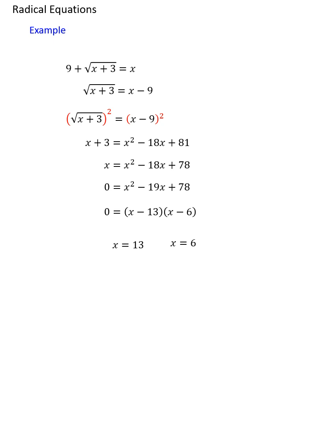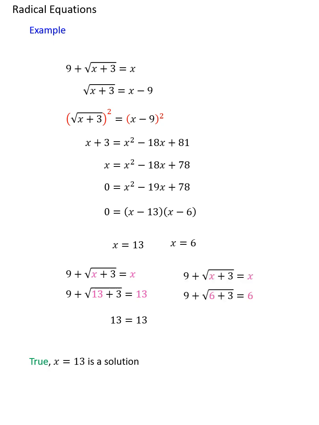It turns out one of them doesn't work, because when we plug 13 into the original problem to check for extraneous solutions, we get a true statement. But when we plug 6 into the original problem and crank out all the math, it leads to the statement 12 equals 6, but 12 doesn't equal 6.